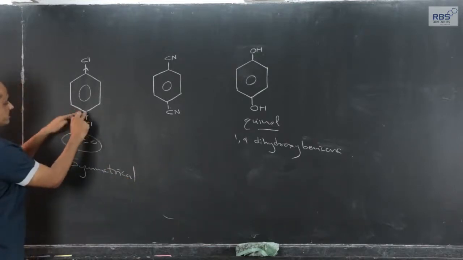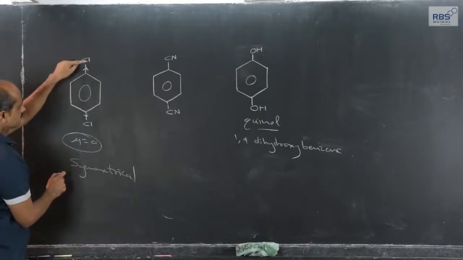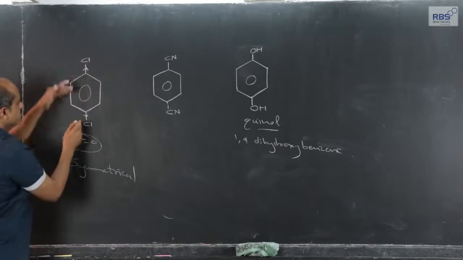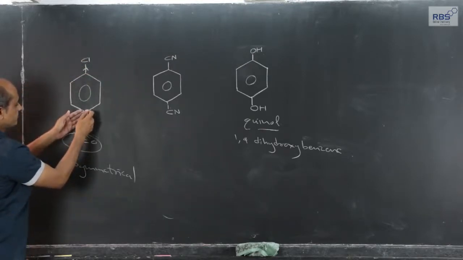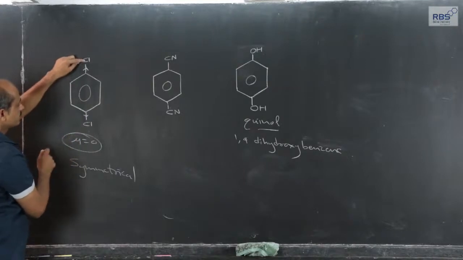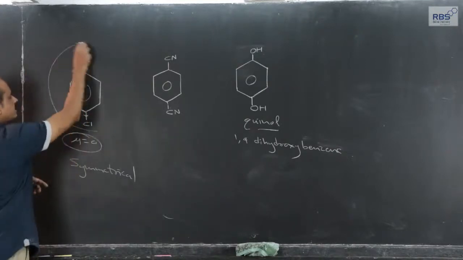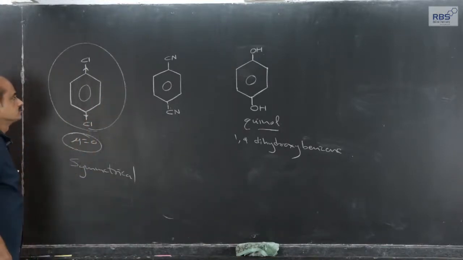Whatever pull of chlorine from carbon will be exactly compensated by this chlorine from this carbon, and since the 1,4 arrangement is a symmetrical arrangement, the slight shifting because of this chlorine and the slight shifting because of that chlorine compensate each other's effect, and therefore the effective dipole moment of this will be 0.